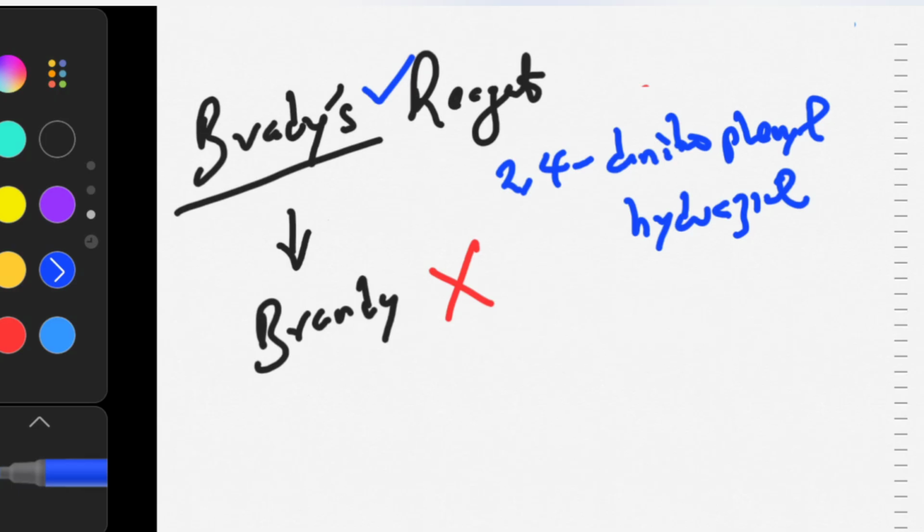Okay, so the carbonyl group is what is responsible for the formation of what we call 2,4-dinitrophenylhydrazone.